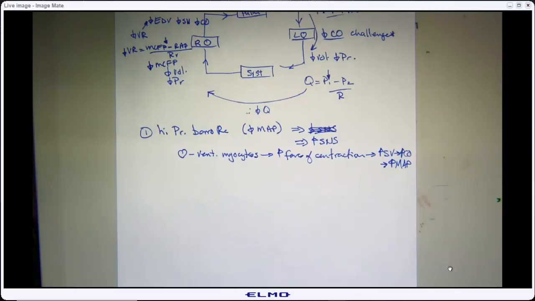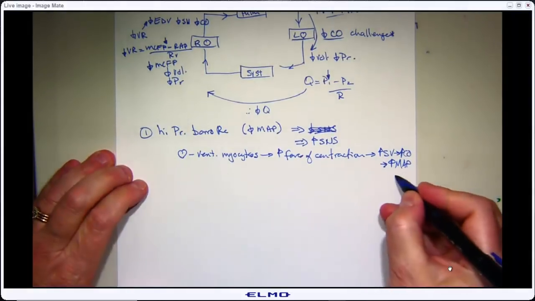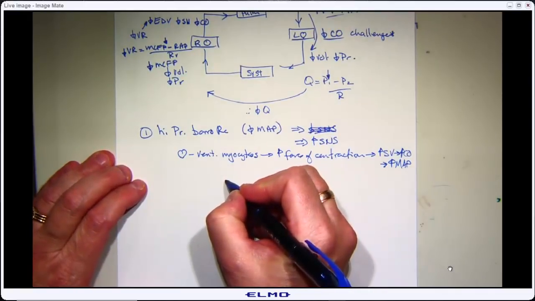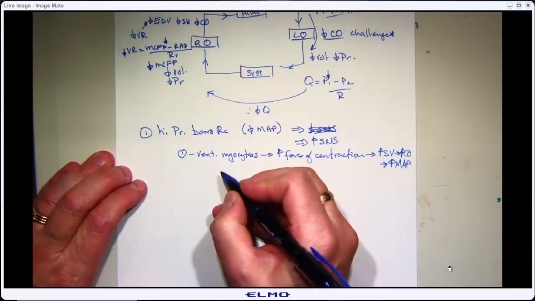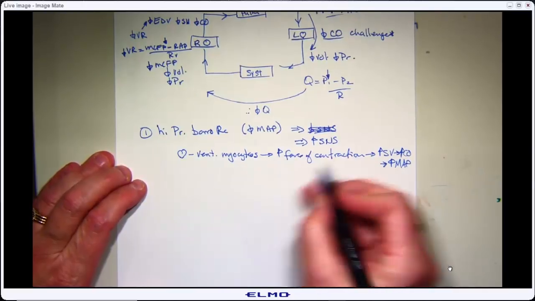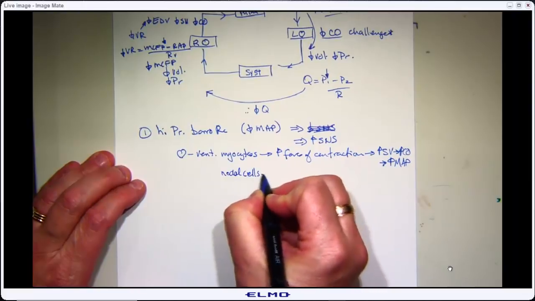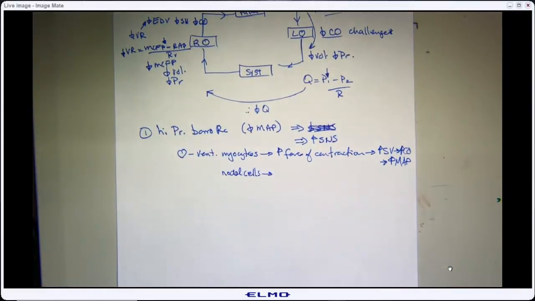Okay, where else in the heart can we go? The SA node, so nodal cells. What's going to happen with sympathetic nervous system to nodal cells? What was this maneuver for? Increased SNS to nodal cells: increased heart rate.